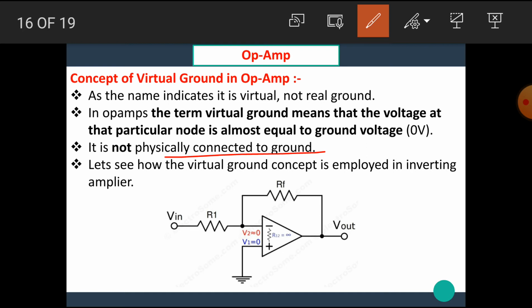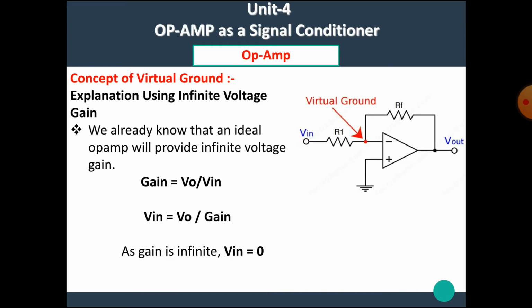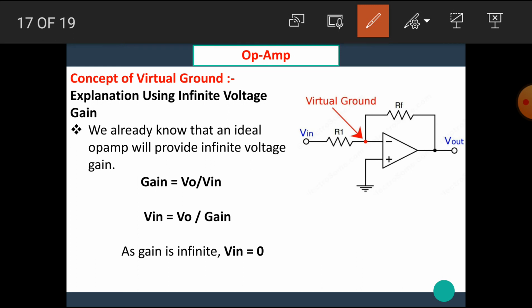Let's see how the virtual ground concept is employed in an inverting amplifier. We already know that the ideal op amp will provide infinite voltage gain. That means the gain is infinite, but the formula of the gain is equal to V0 upon V in, that means output voltage upon input voltage.